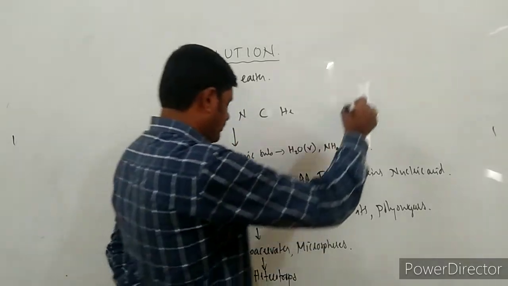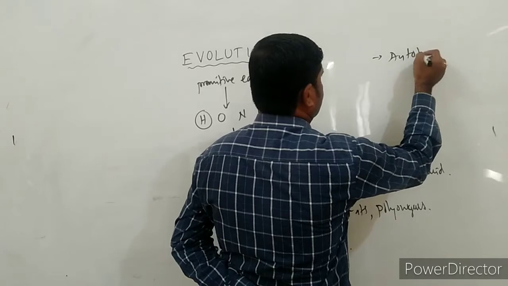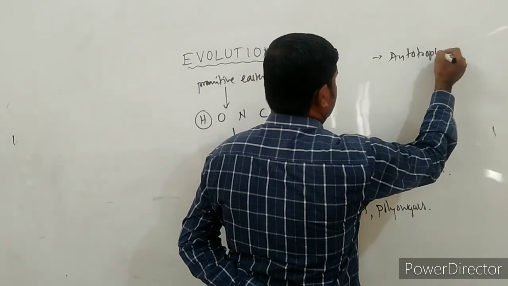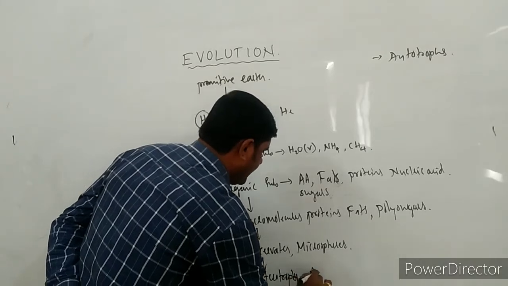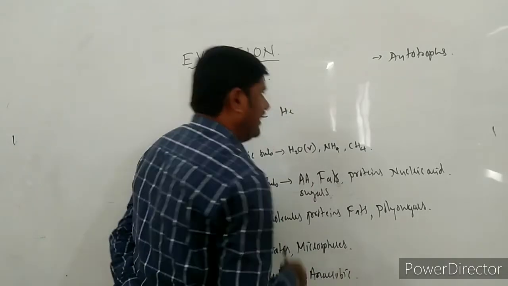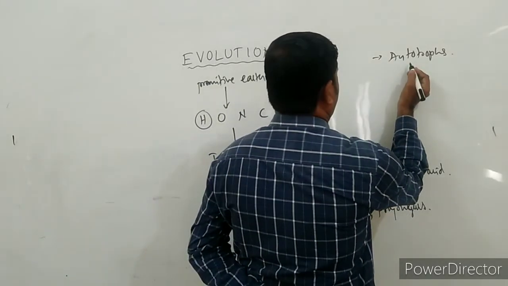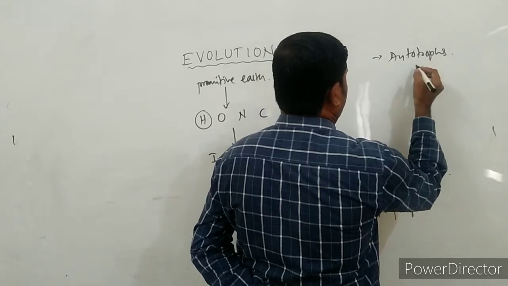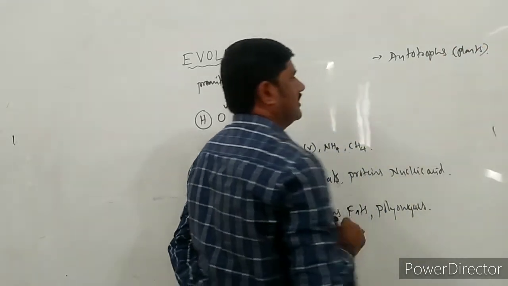And these heterotrophs later converted into autotrophs, right? So heterotrophs were anaerobic, and later the autotrophs became aerobic. These autotrophs are nothing but plants, they developed, right?